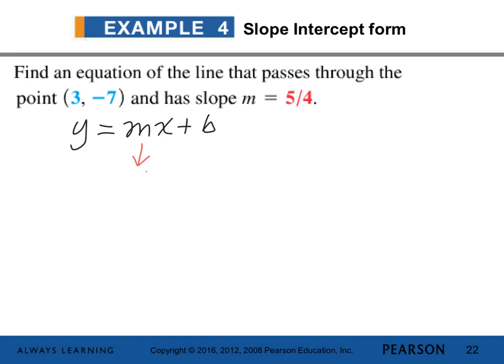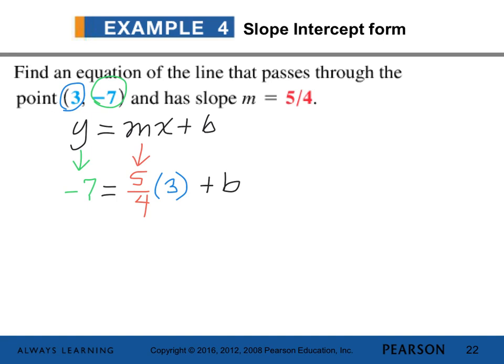I know that m is 5/4. But I also know that x is equal to 3. And I know that y is equal to -7. So now filling in the rest of the equation, the only thing I don't know is b. I need to find b.